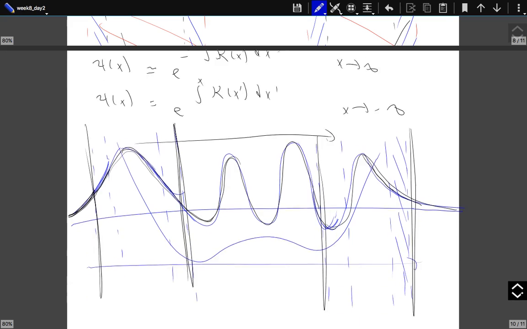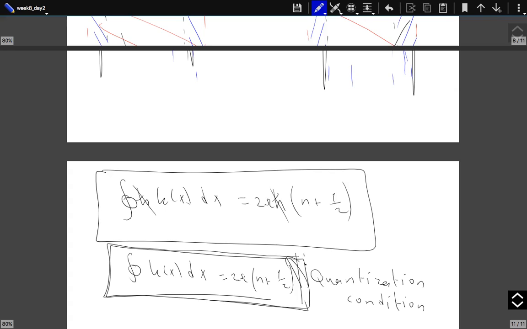So that's basically how you obtain this Sommerfeld quantization condition. So this integral of k dx is basically the amount of phase it gains as it makes one round trip, in a semi-classical sense. This is also another reason why we call it semi-classical.